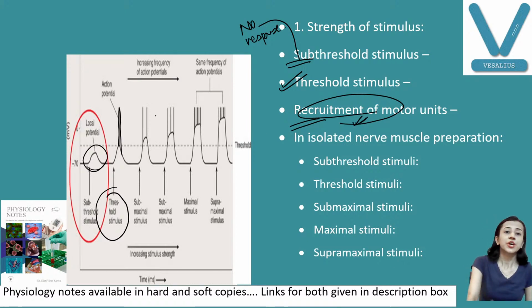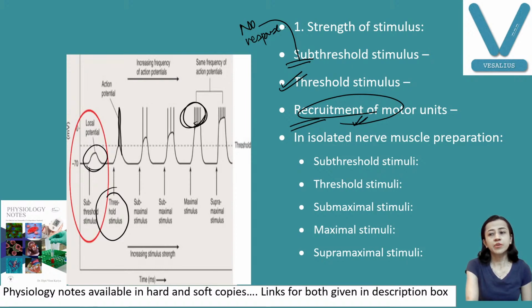Means suppose if you have a stimulated muscle with the submaximal stimulus, okay, you are recruiting 5 motor units. Or you can say here it is shown 2 motor units. Then if we are giving maximal, then number of motor unit recruitment increases, so the response increases. Okay, and in isolated nerve muscle preparation also we have different types of stimuli.